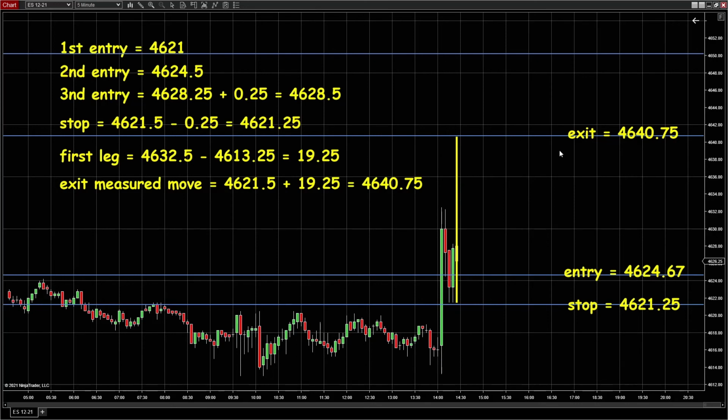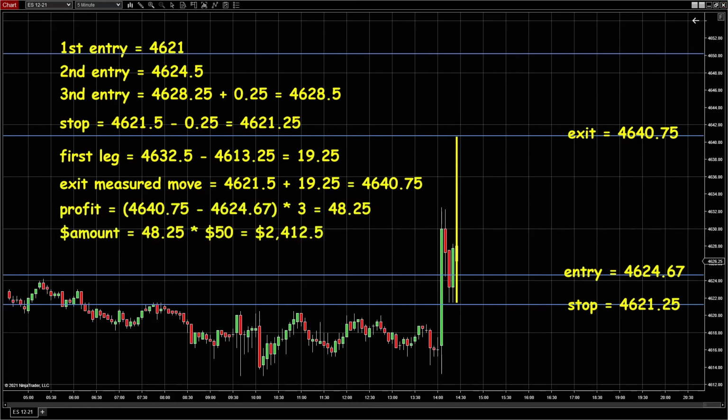If we take this exit, let's calculate the profit. If the market reaches the target exit, then we're going to make this much profit, which is 48.25 points. That's really a lot. And each point is $50. Then in total, we can make $2,412.5. And then we need to minus some brokerage fee or the transaction fee.